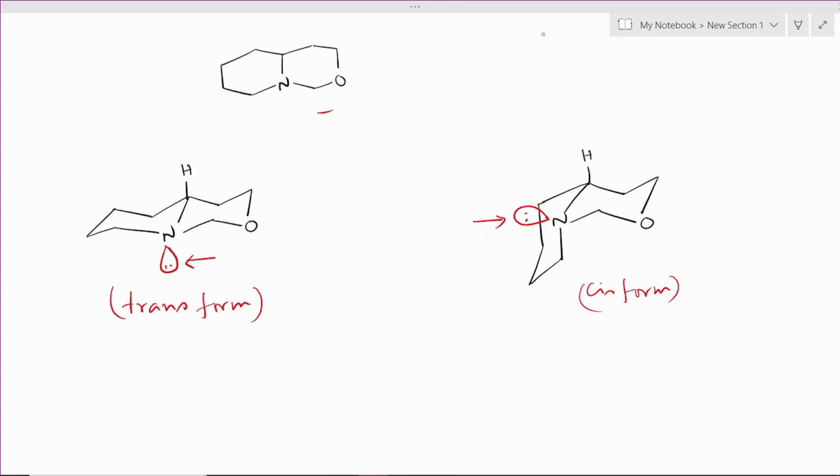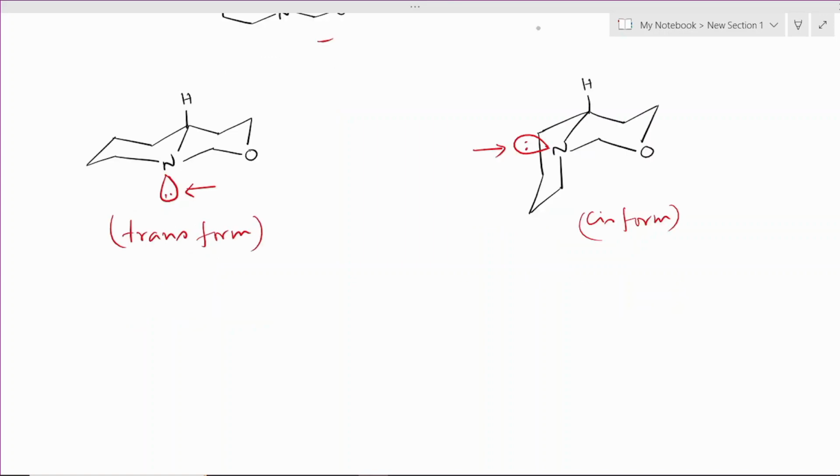This phenomenon has a popular name, and that is the anomeric effect. Now, if we draw the lone pairs of oxygen properly, then one should be in equatorial position and these lone pairs should be in axial position. Similarly, this will be the equatorial position and this will be the axial position.